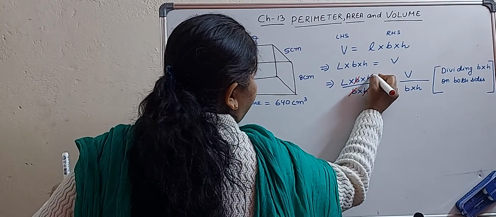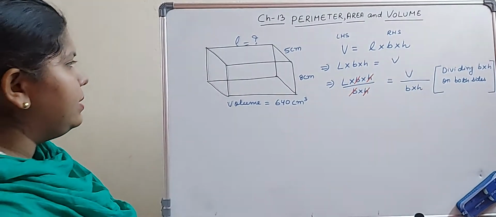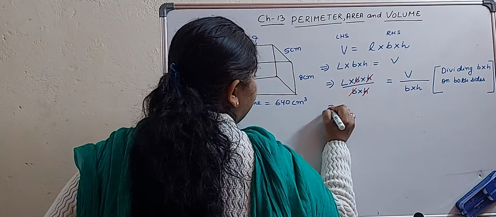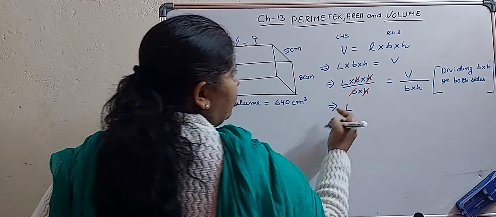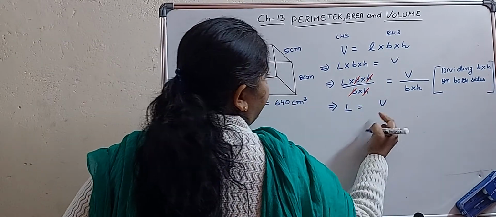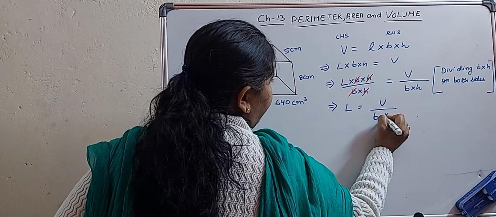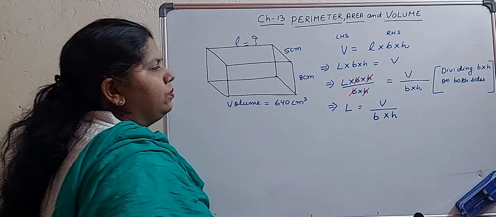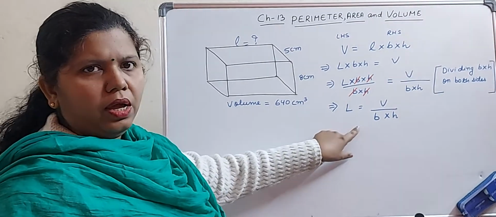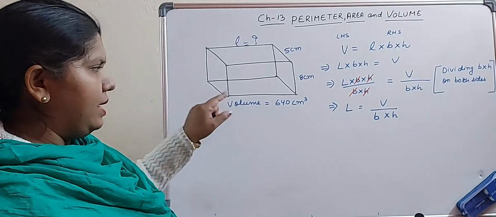This H and this H will also get cut. So what is remaining here is L, that is the length of the cuboid, is equal to V, that is the volume of the cuboid, by breadth into height. This very formula, you can use to take out this answer.